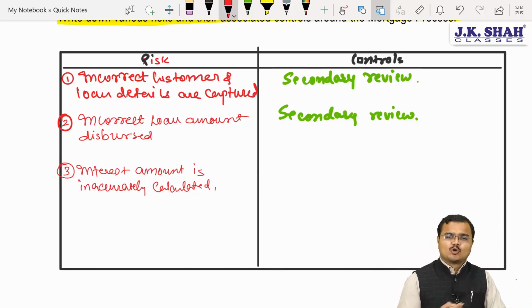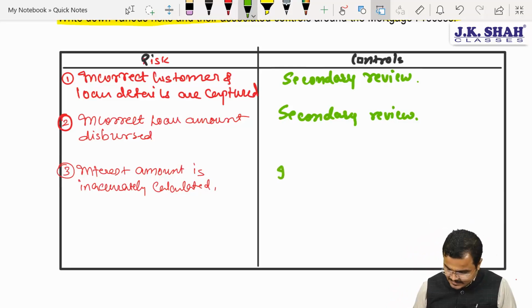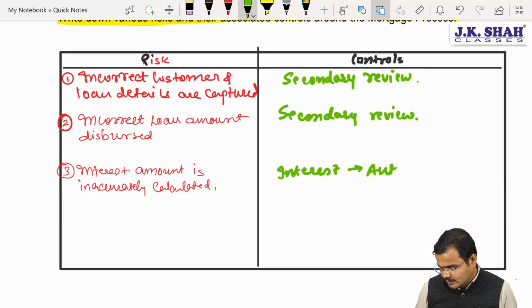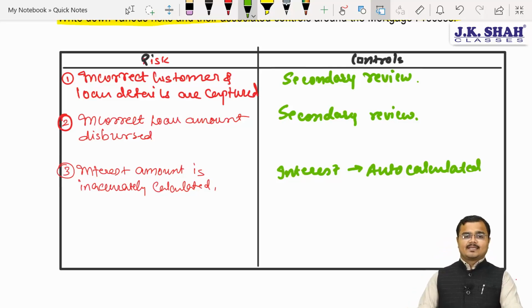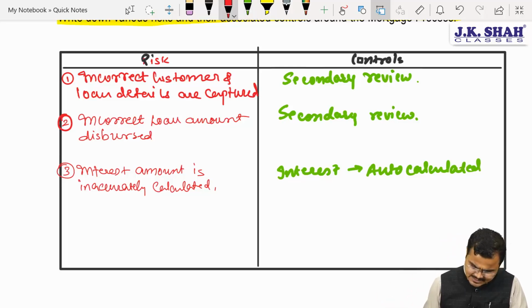So what are we supposed to write in controls? Let the interest be auto calculated. Understood? Yes, sir. And the fourth major risk which we generally face under this mortgage loan is unauthorized changes into master data.